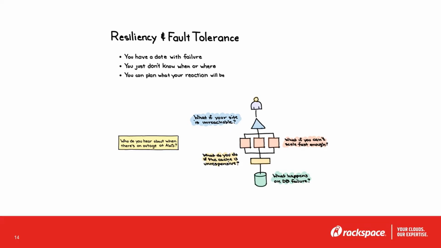That's really the point here: we need to start thinking about our applications and our application stacks in terms of failures, and identify the single points of failure within our system, and understand and plan for what types of actions we're going to be able to take. We need to look at it from the top down, starting at the DNS layer. What happens if your site is unreachable?